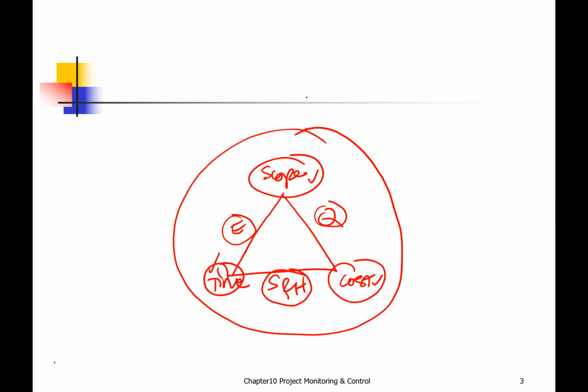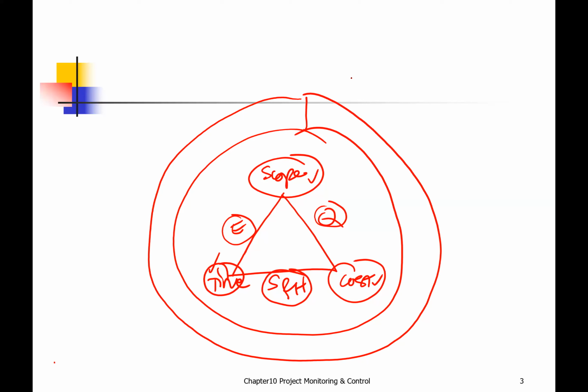And then in order to achieve that, we need to use what I call resources. Resources, I call it 5 M's: man, machine, material, and then money, and lastly method.